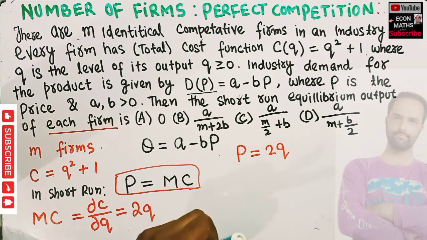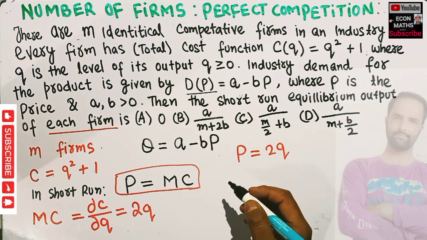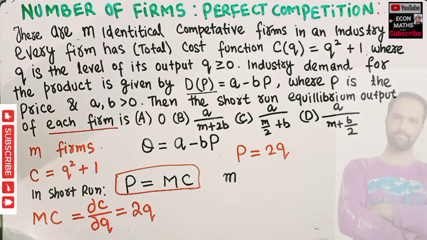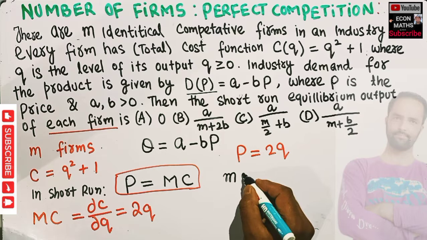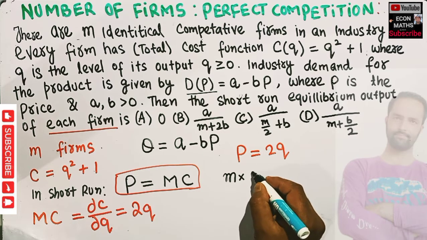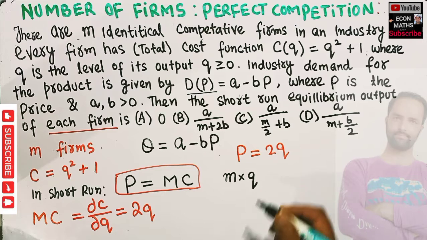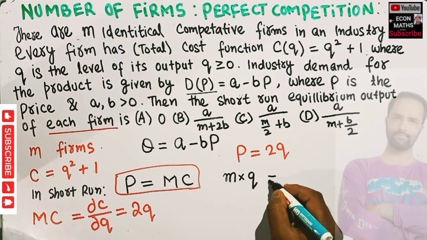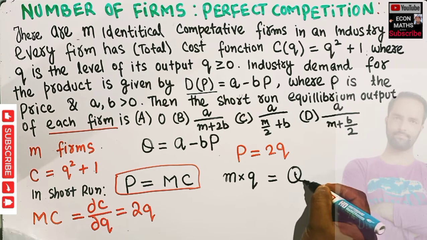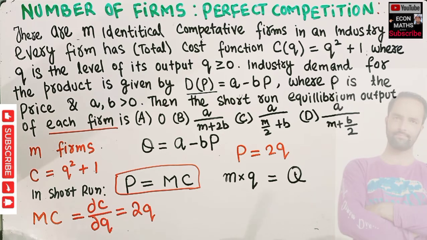Now remember, since we have m firms here, the output produced by each individual firm times the number of firms should be equal to the total market demand, or total output produced by m firms.